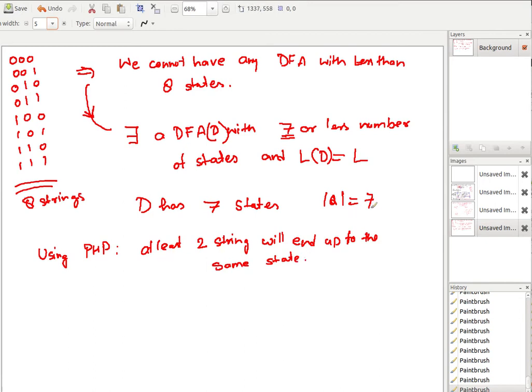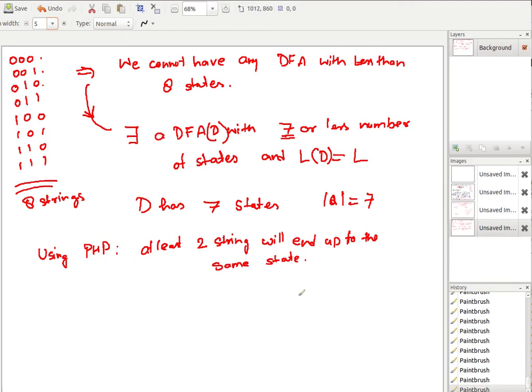Because there are only 7 states, from the start state, when you really start executing string 1, string 2, string 3, string 4, you'll realize that each of these strings will take you from the start state to some state. Because only 7 states are there and 8 strings are there, at least 2 strings will end up at the same state.